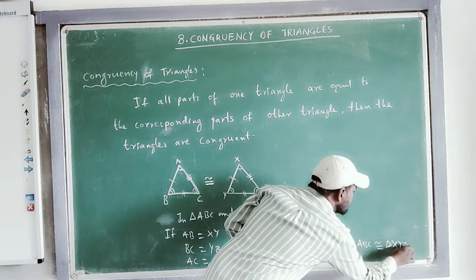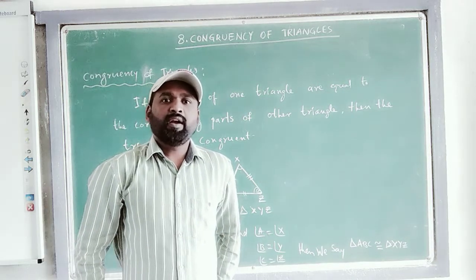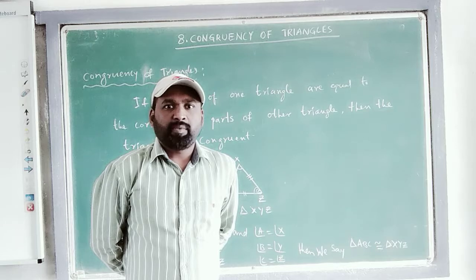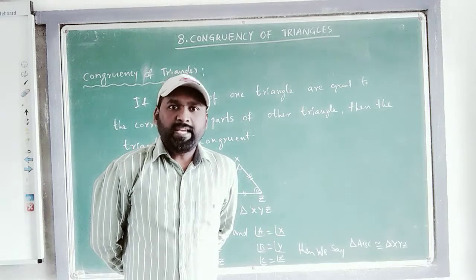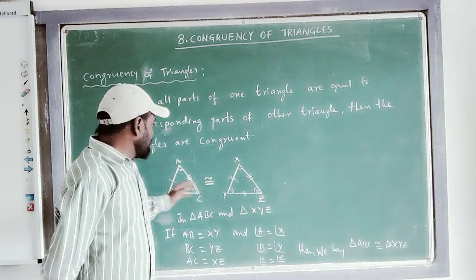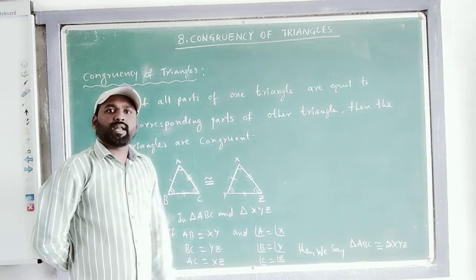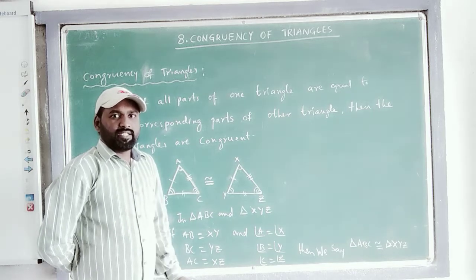That means the two triangles are congruent when all the corresponding parts of the two triangles are equal. What are the corresponding parts? All the corresponding sides and corresponding angles. If they are equal in the two triangles, the two triangles are said to be congruent to each other.